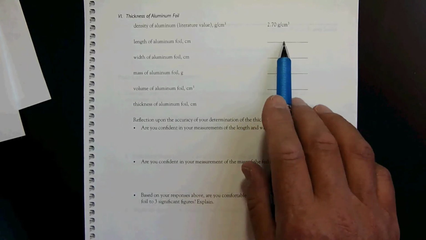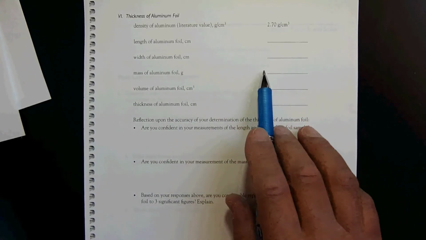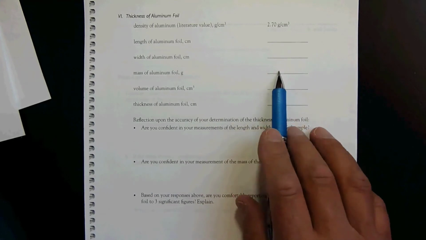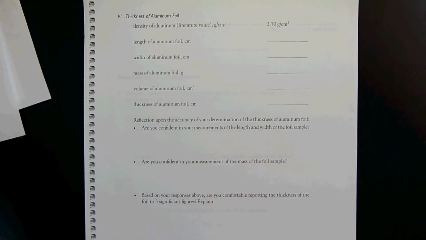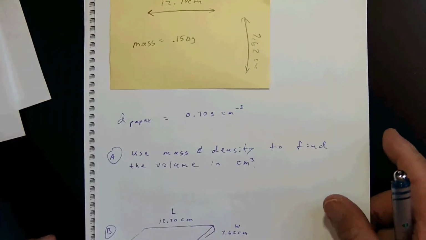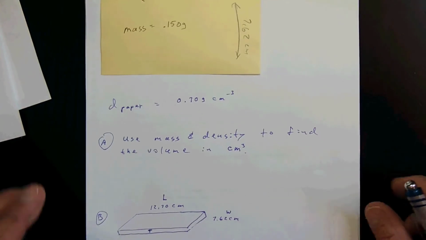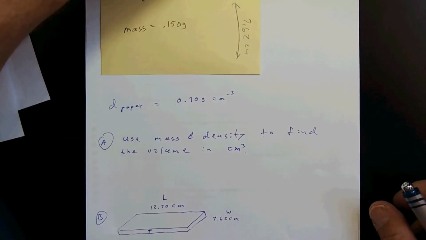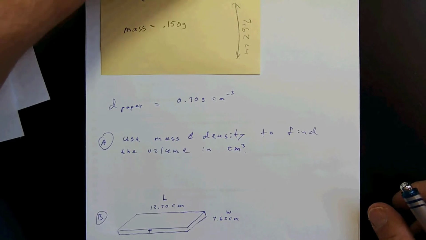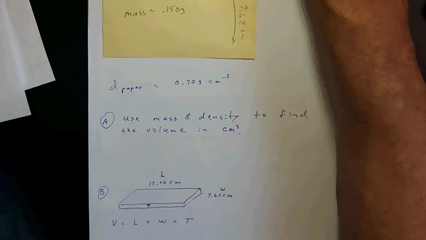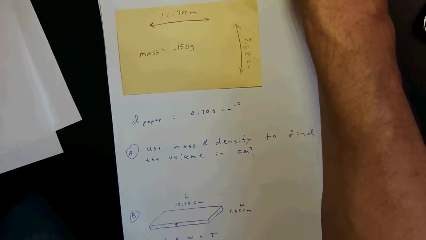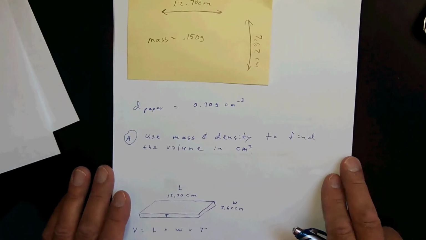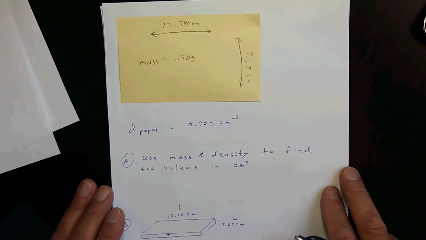You'll be able to see the length, the width of the aluminum foil, the mass. If you're wondering how to work this type of problem, there's a sample problem I've set up. And what you're doing in this process is you're making an indirect measurement. That's something we do in the sciences all the time.